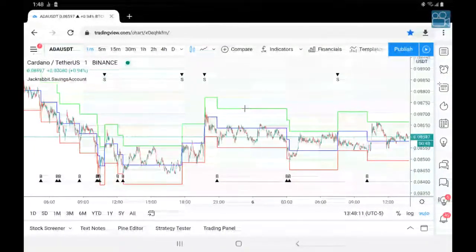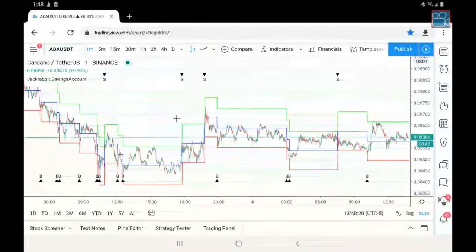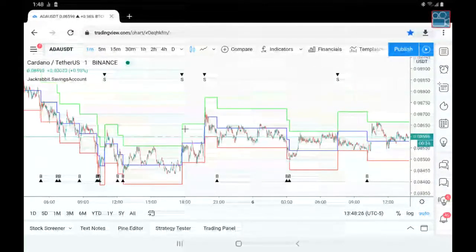Now before I get asked and requested, a trailing take profit does not work well with this type of system. The speed and efficiency required for a trailing take profit, especially at larger candlesticks, is just not realistically viable.